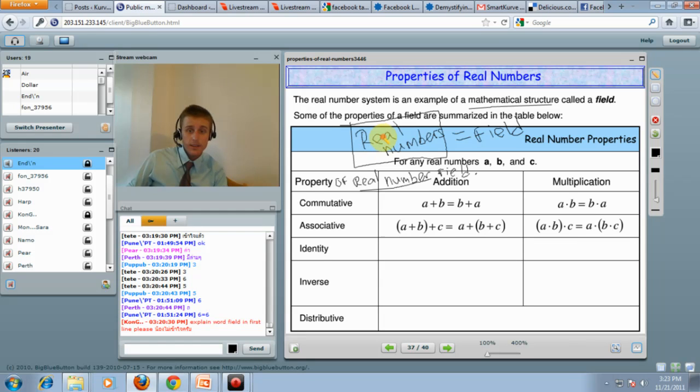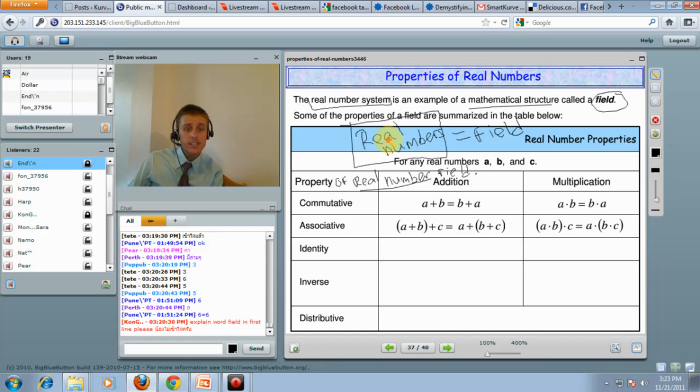Again? Okay. I'll repeat that. The field is a general term applied to a mathematical structure or a grouping of anything. So in this example, the real number system is a field. Real numbers include rational numbers, irrational numbers, integers, whole numbers.